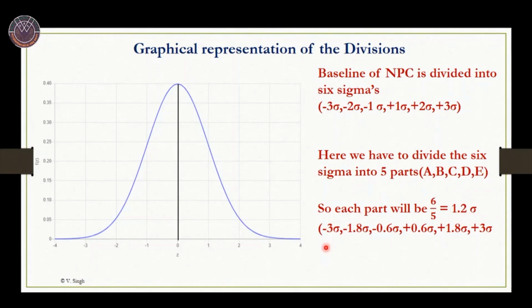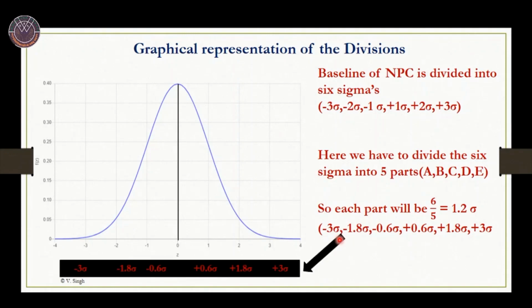And that can be represented by minus 3 sigma, minus 1.8 sigma, minus 0.6 sigma, plus 0.6 sigma, plus 1.8 sigma, plus 3 sigma. You can simply see in minus 3 sigma, if you add 1.2, we will get minus 1.8 sigma.